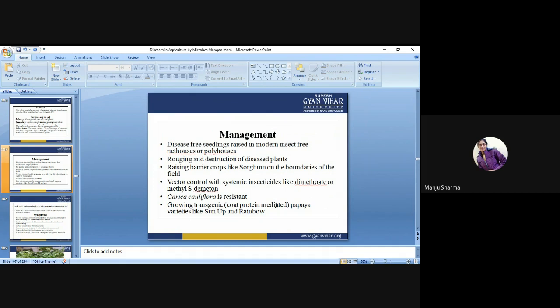Grow transgenic, coat protein mediated papaya varieties like SunUp and Rainbow.